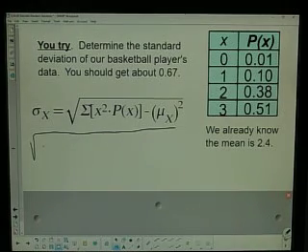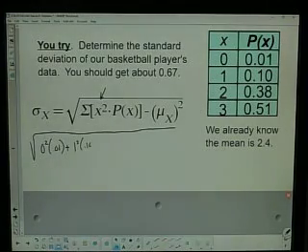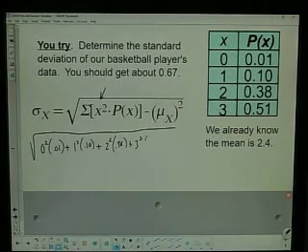You're looking at 0 squared as your first value times 0.01 added to 1 squared times 0.10 added to 2 squared times 0.38 and added to 3 squared times 0.51.